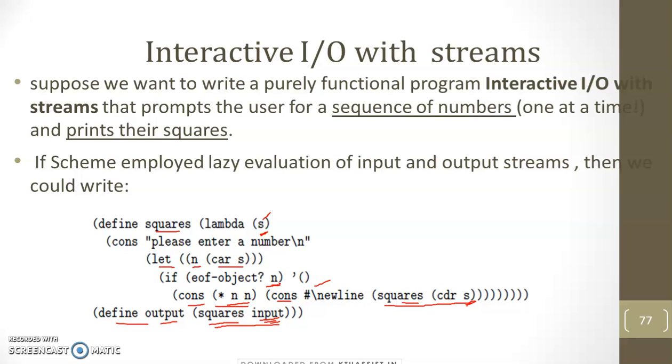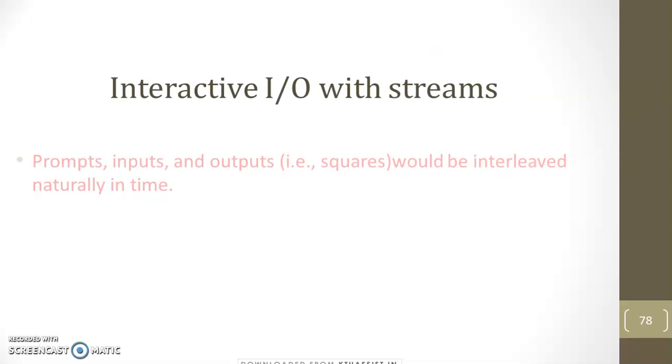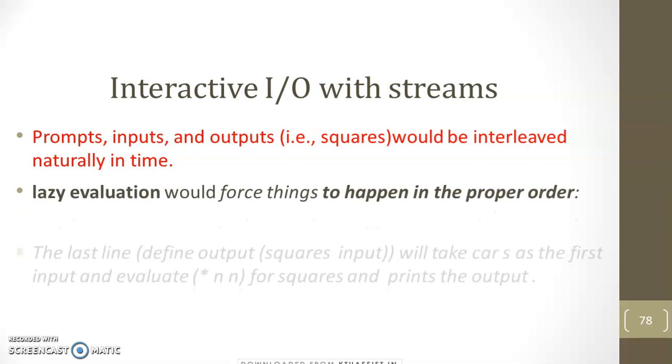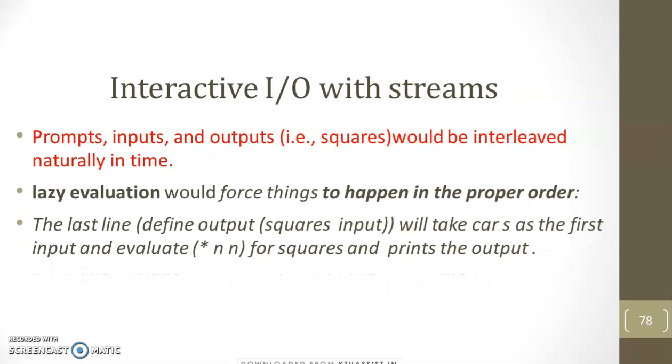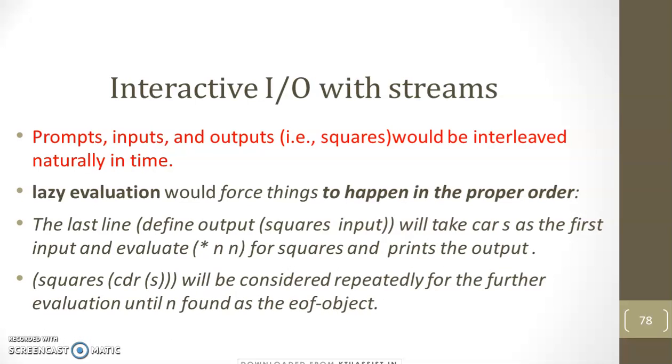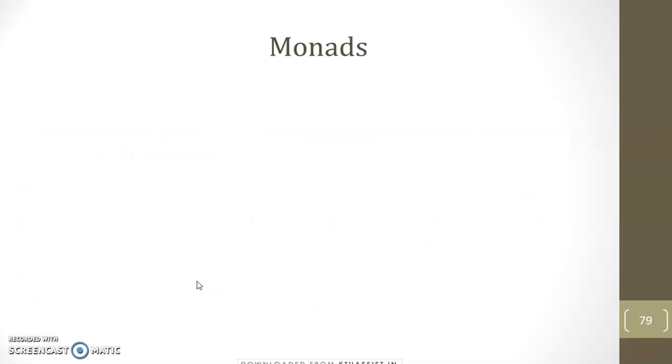So the result will be the squares of the n numbers that you have given, displayed or stored as a new list. So this is how you can implement using streams. Prompts, inputs and outputs would be interleaved naturally in time. Lazy evaluation would force things to happen in proper order. So what is given in the previous example is explained over here.